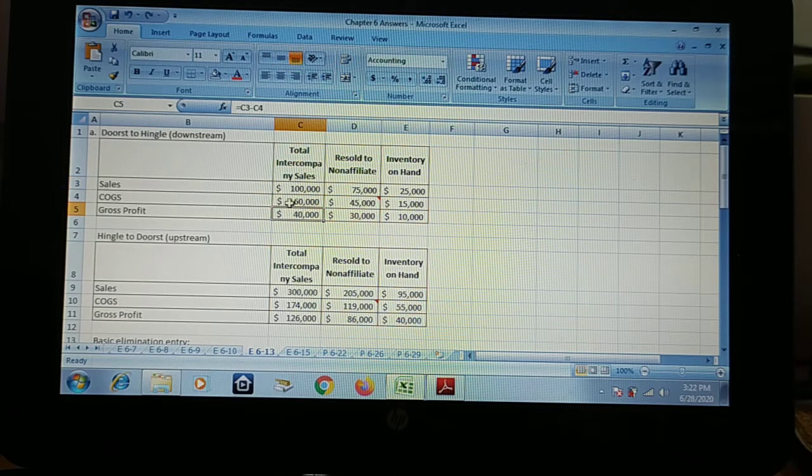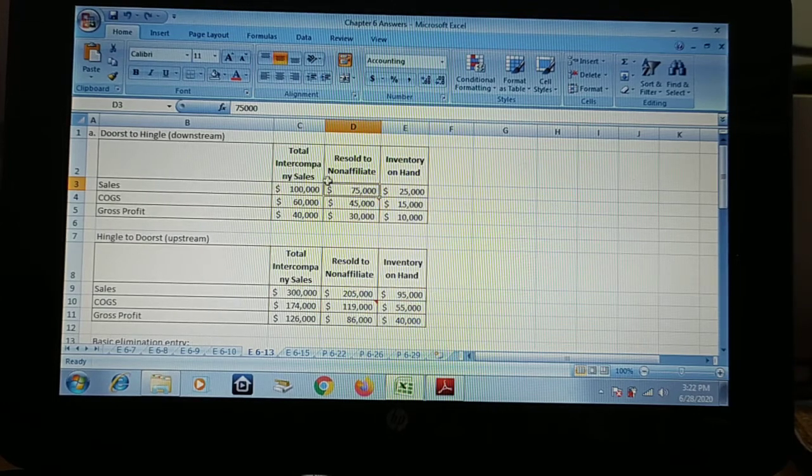So the COGS will be 60,000. And then here we get it from 100,000 minus 25,000, so it is 75,000. The gross profit is 40% of 75,000, which is 30,000, and then the COGS will be 45,000. So we have done the downstream sale table.